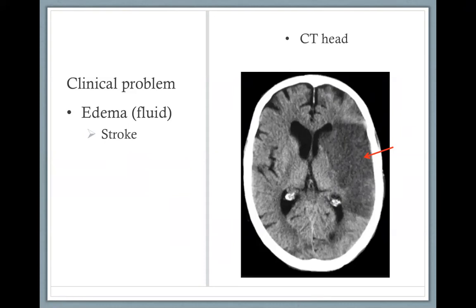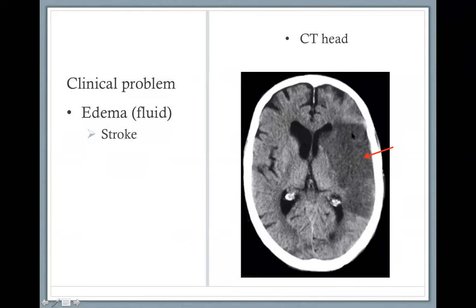Is this cytotoxic edema? Yes. So this is cytotoxic edema, although there might be a component of vasogenic edema. But the whole point is that in cytotoxic edema, you have disruption of the cells, and therefore the gray matter is also lost.